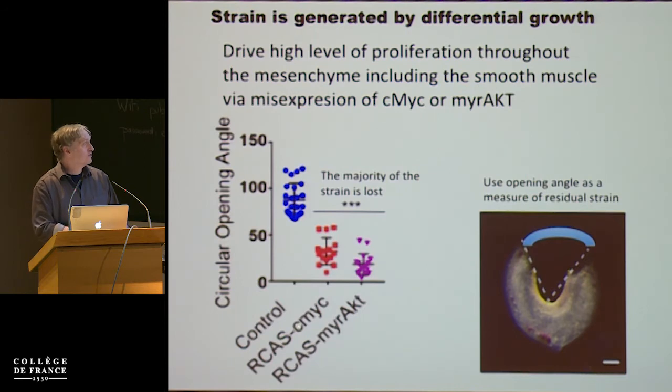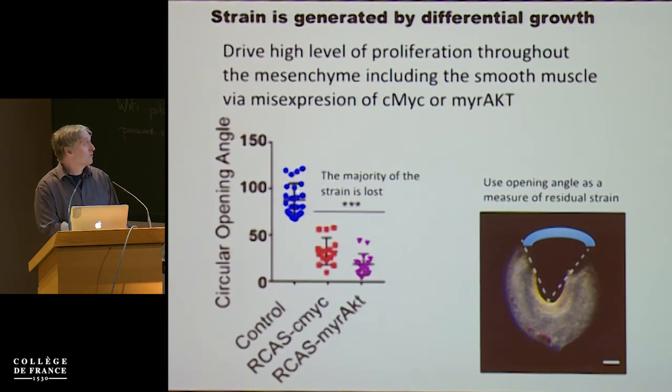So if you use either c-Myc or myristoylated AKT, you can drive the expression of these two genes through a retrovirus. You get uniform proliferation throughout the tissue, which I'm not showing you, but you can measure that by BrdU incorporation. And with uniform proliferation, you get rid of almost the entirety of the strain.